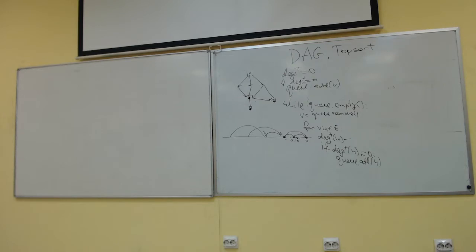Do you mean that when you say visit, we start from the zero? So you know, we already have top sort. You know that the edges are going only from left to right. So for example, the rightmost vertex will be 0 because it has no outgoing edges. It has nowhere to go.